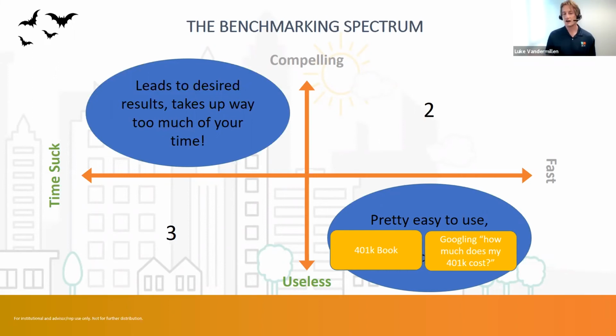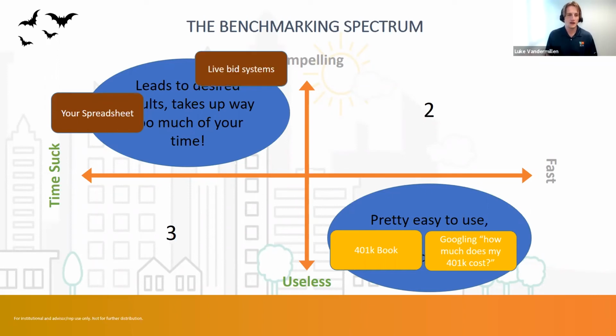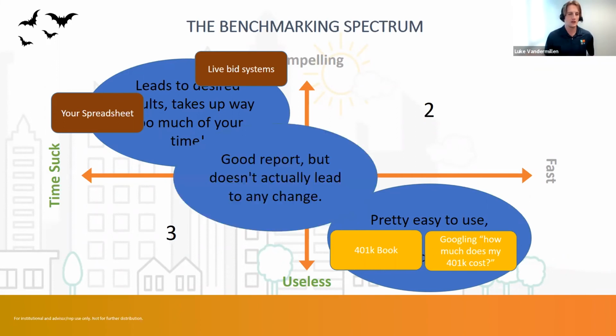We believe that if an advisor can save 10 to 15 minutes on each specific report that they're running for their client, it saves them numerous hours a year to go out and prospect for new business and help grow their firm. So in this quadrant, we have a spreadsheet, just the old-fashioned plug and play. We have live bid systems where you're organizing the current pricing structure, then sending out requests for other bids and organizing all that into a report.